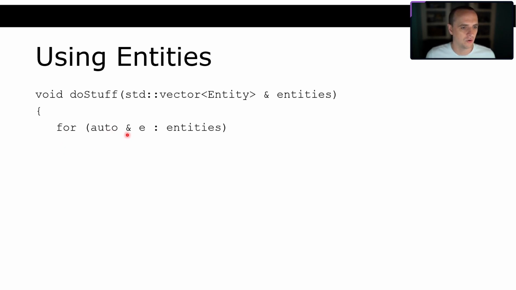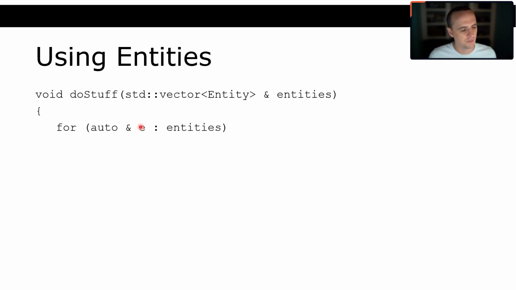So for auto reference e, this is basically, I could have typed entity here, but auto is just shorter. So for auto reference e in entities, now just as a quick aside for C++, if I left out this reference here when I do a range-based for loop, then what will happen is I am actually creating a copy of every entity.